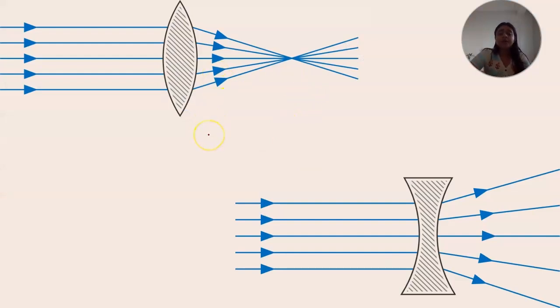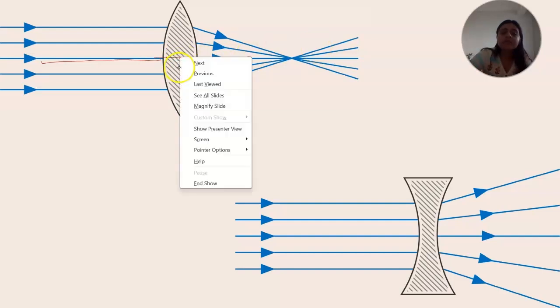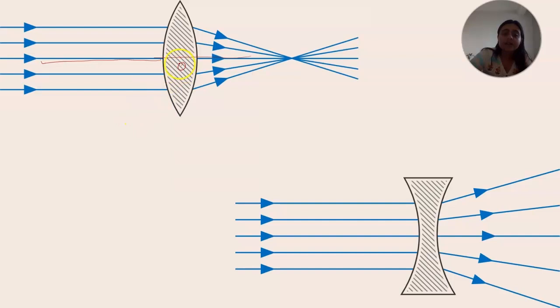Now these concave and convex lenses have what is considered the principal axis, which goes straight. Then we have the optical center, symbolized as O, or when we perform certain ray diagrams we also call it P, or the pole.